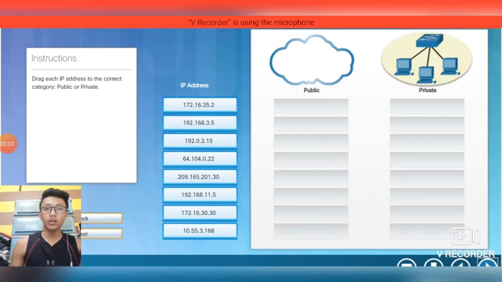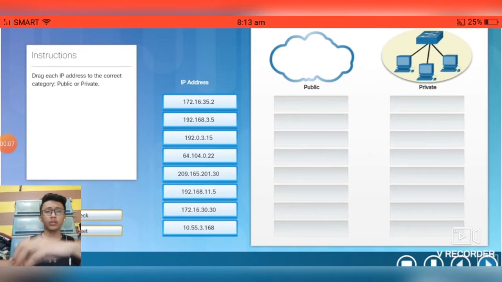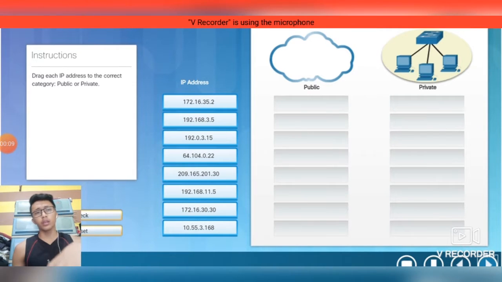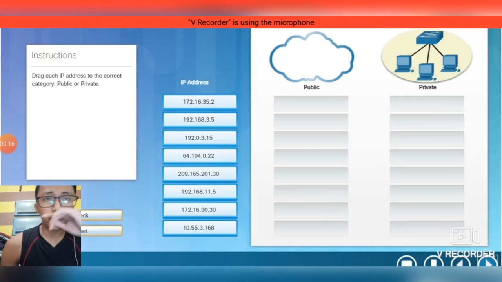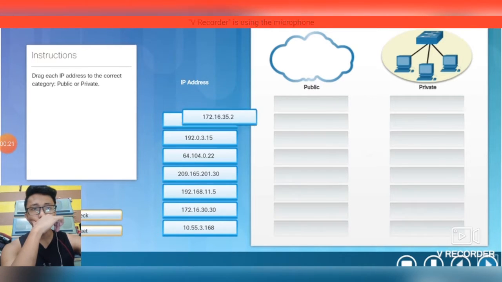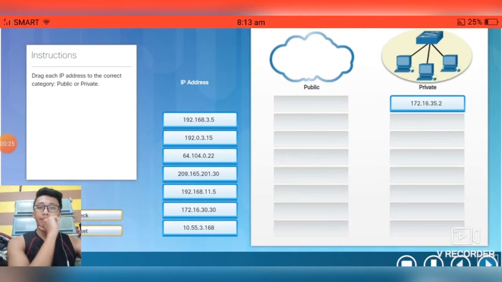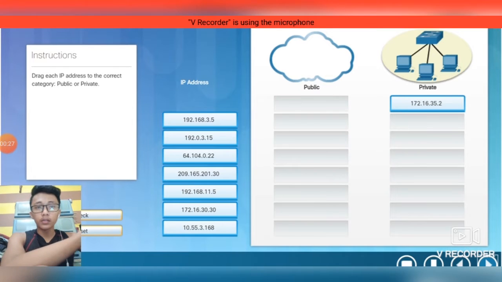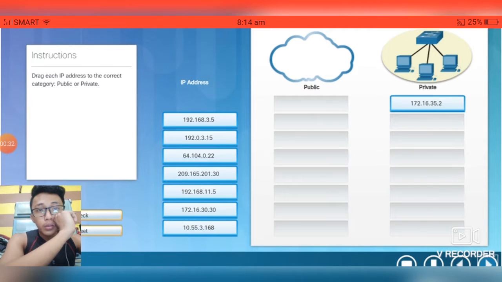We have here the activity, public or private IPv4 address. So in this activity, we're going to identify if the IP address is private or public. So let's start this. 172.16.35.2 is private because of the 172. This is also a public. Wait, no, this is also a private.